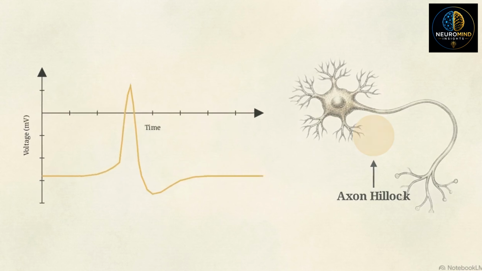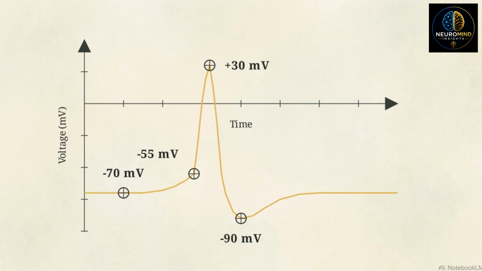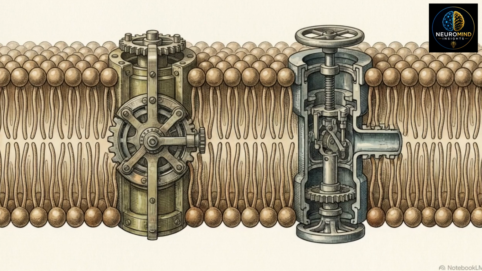To decode the language of the nervous system, we must examine the molecular mechanics happening at four critical voltage coordinates: -70, -55, +30, and -90 millivolts. The action potential is a physical timeline. It represents specialized proteins shifting shape in the cell membrane to propel a signal forward.